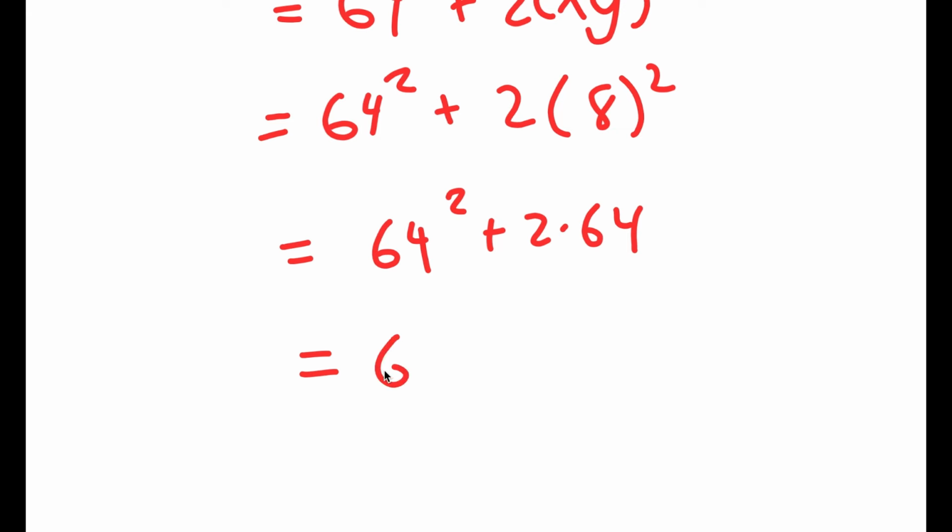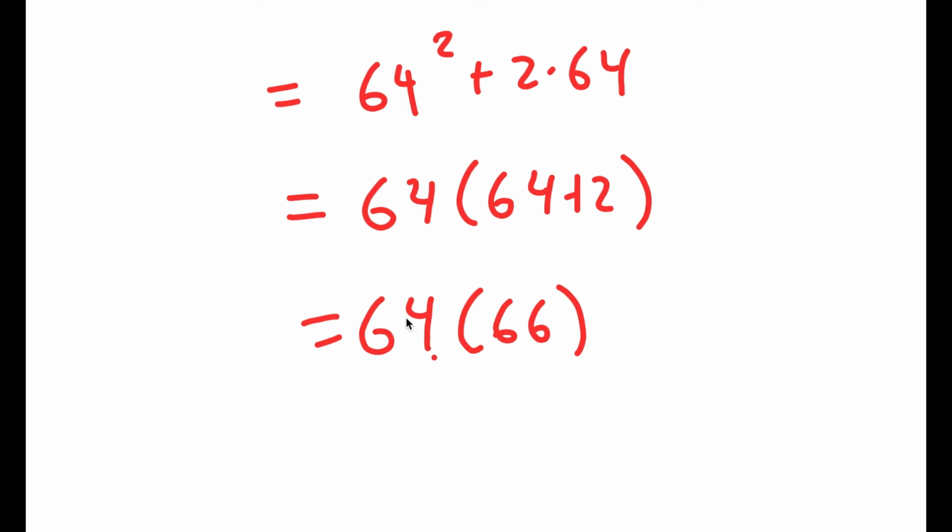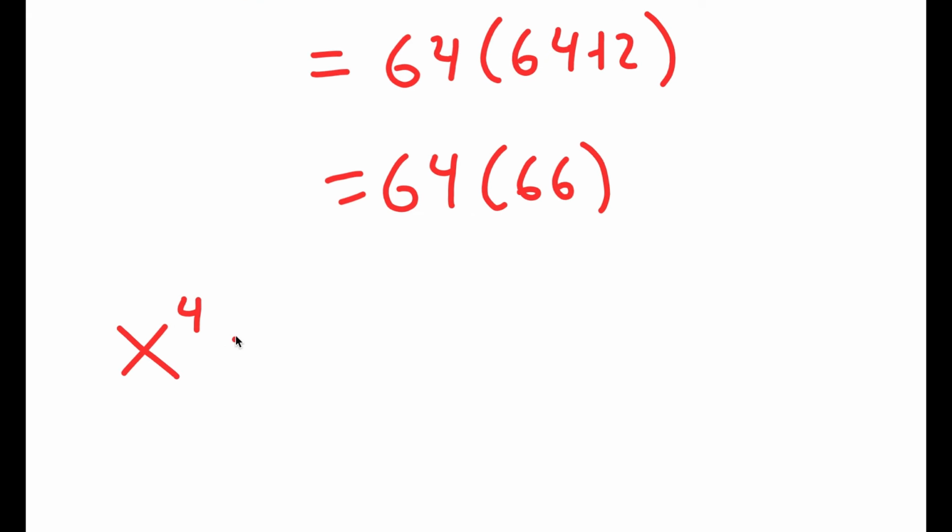And now if I factor out 64, I get 64 times (64 plus 2), which is equal to 64 times 66. So I have x to the power of 4 plus y to the power of 4 is equal to 64 times 66.